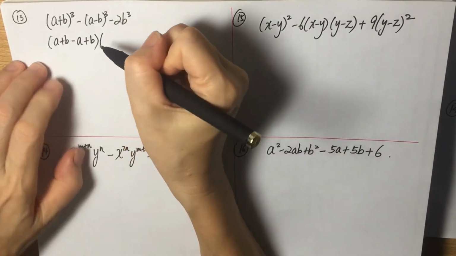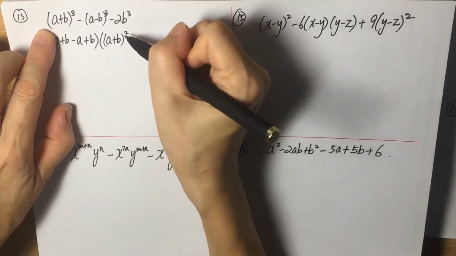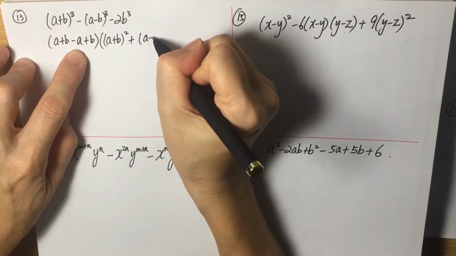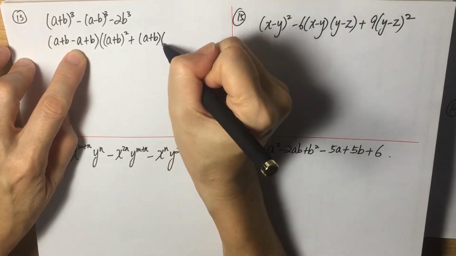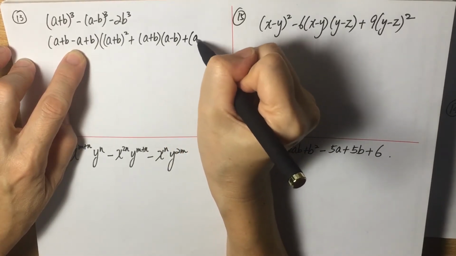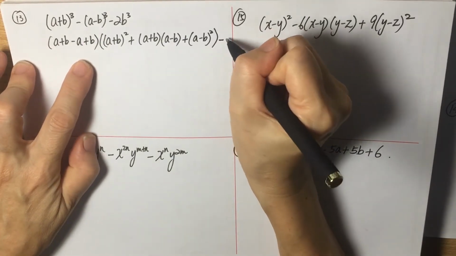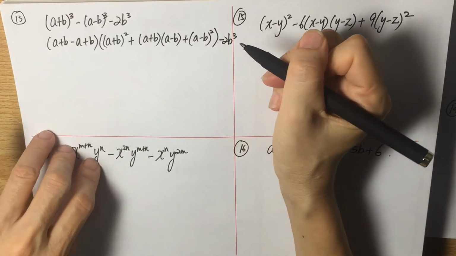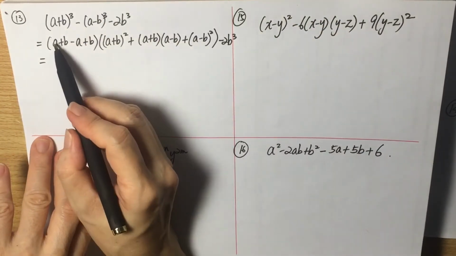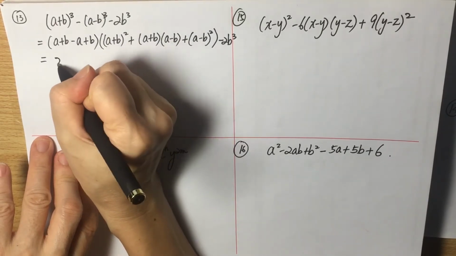Okay, and then square of this one minus already, so the next one will be plus the product of the two, then plus a minus b squared. Okay, then subtract away 2b cubed. A minus a cancel, so b and b, so 2b.